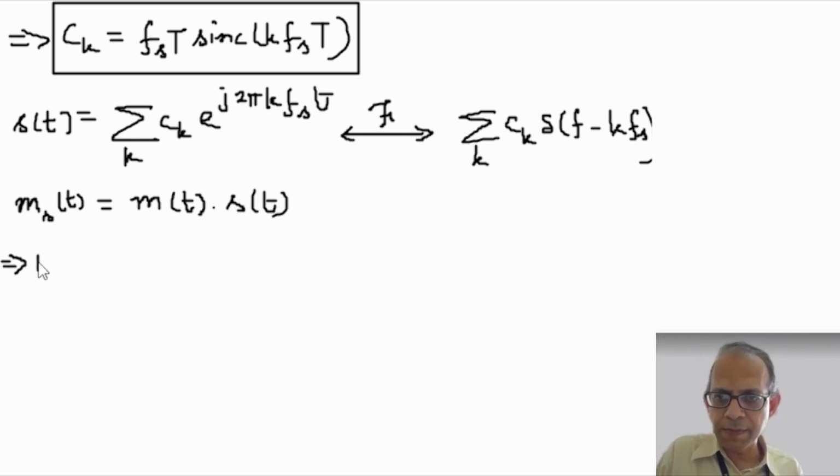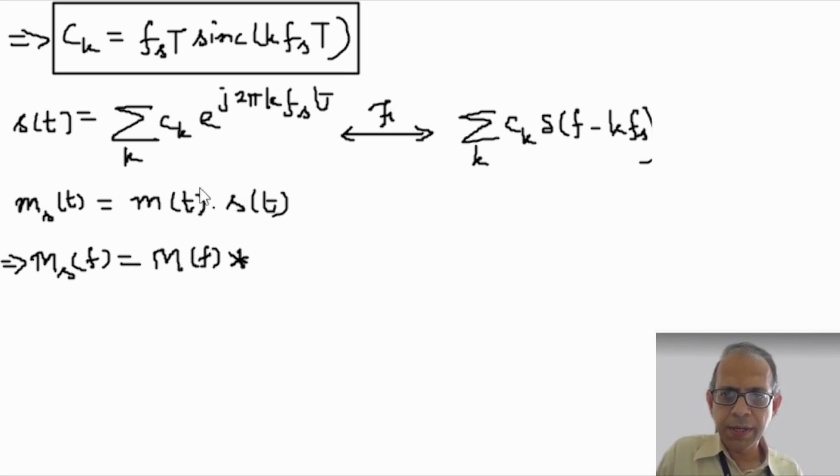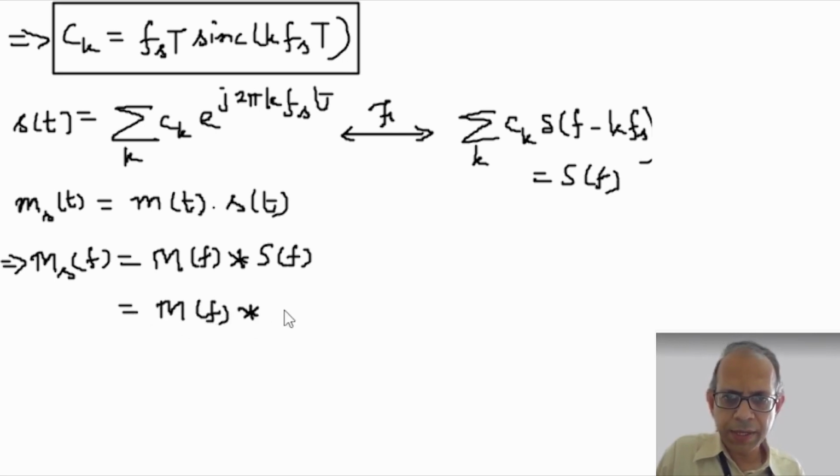So the spectrum of the naturally sampled signal can be written as Ms(f) equal to M(f) convolved with the spectrum of s(t), which is S(f), and that is this thing. So this is S(f). Accordingly, we get M(f) convolved with this summation over all k from minus infinity to plus infinity of ck delta(f minus k fs).